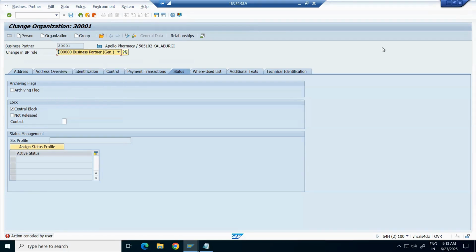But again, for this we have to do specific settings in the system, then only the system will understand whether the BP can be extended to the FI view through this FLCU00 BP role, or can be extended to the customer or not, that also we can do.